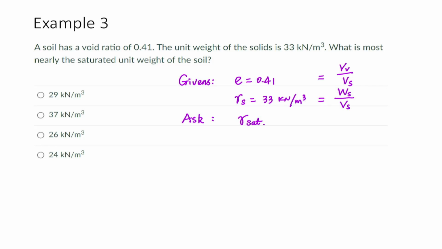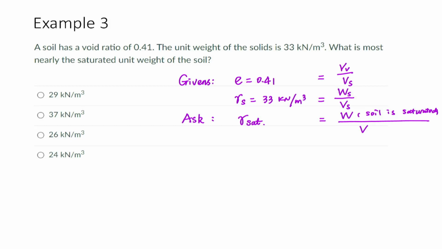This one is a little bit tricky, but remember, we're talking about the solids only. The definition of gamma SAT is the total weight when the soil is saturated over the total volume.